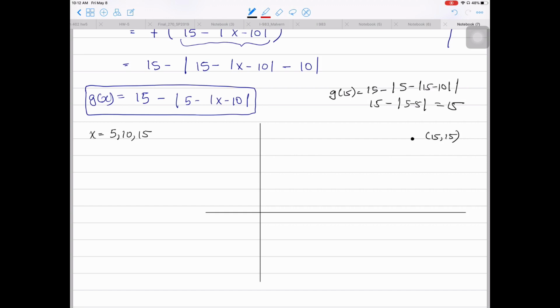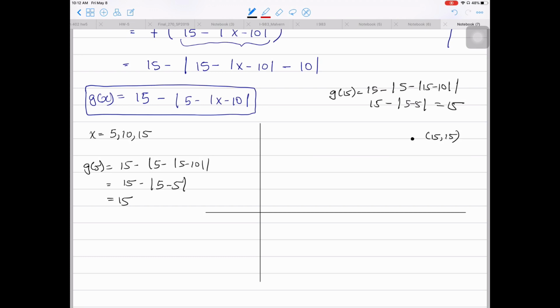Then at x equals 5, g of 5 would be 15 minus the absolute value of 5 minus the absolute value of 5 minus 10, which is 15 minus 5 minus 5, which is also 15.